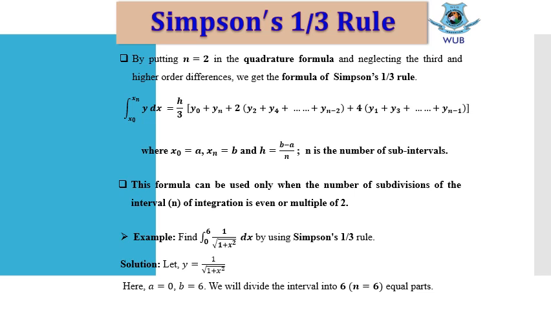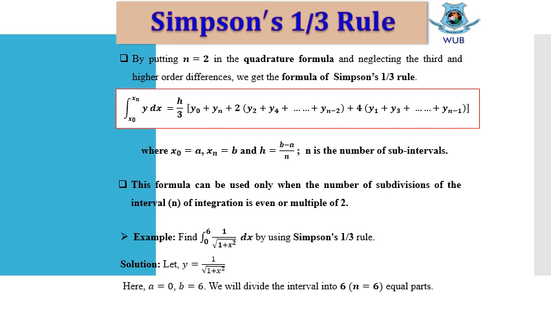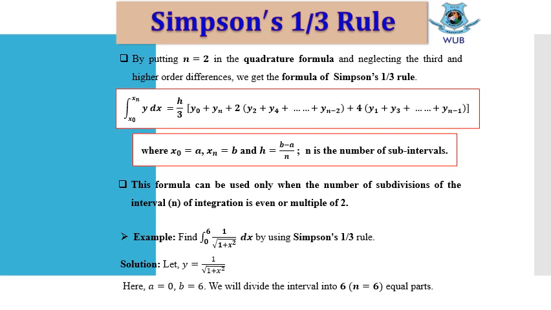We consider this equation as y, and we will get the values of a, b, and also n, which we consider 6, which is the upper value of the equation, and we just find out the value of h from these given values.